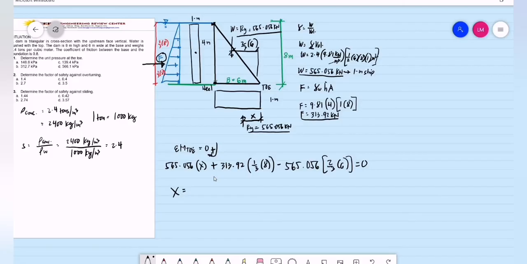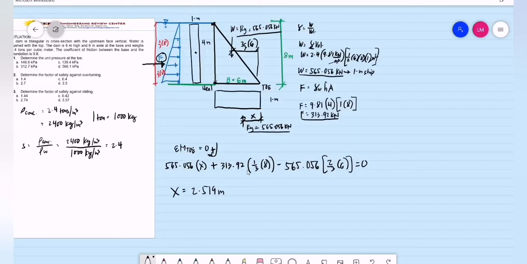You may use shift solve. So we have the value of x equal to 2.519 meters.